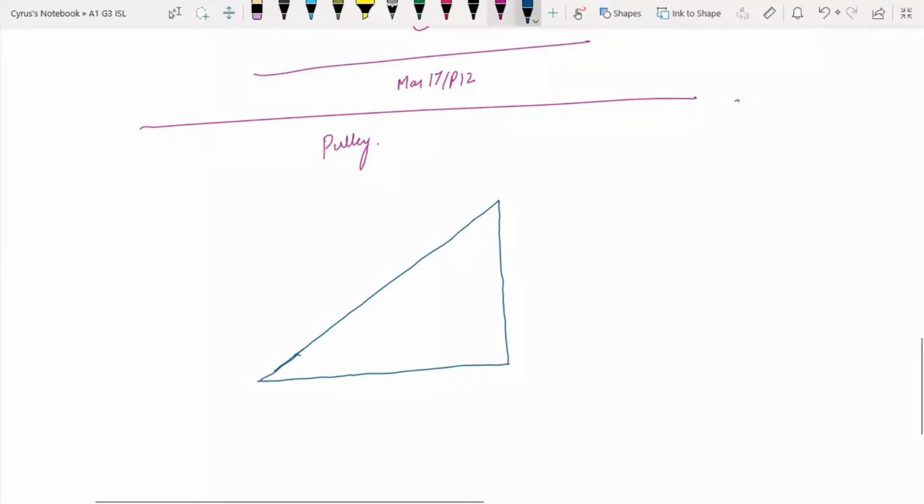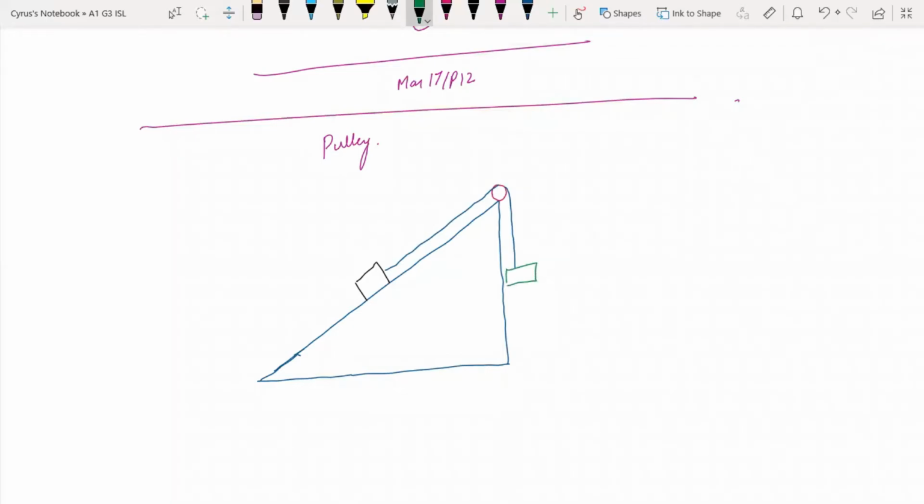There's a mass here. There is a frictionless pulley which is attached here. There is a string which is attached with this mass and it goes over the pulley and it is attached with another mass here.